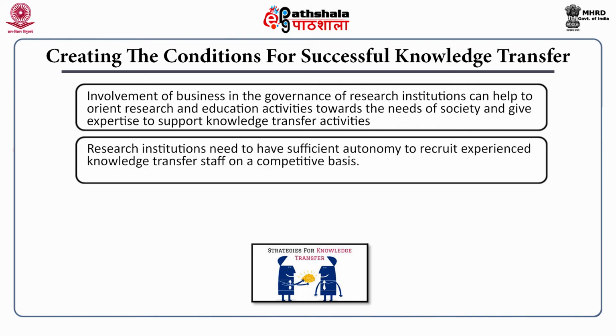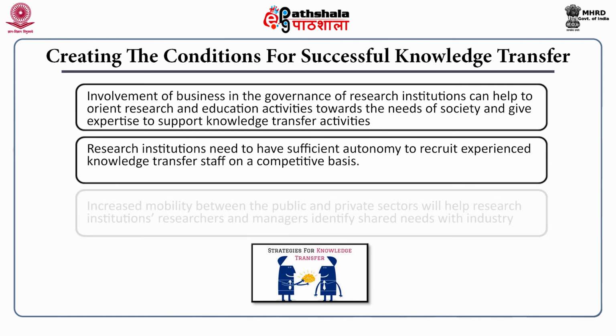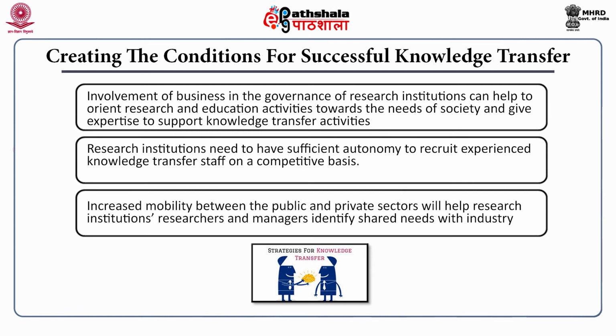Research institutions need to have sufficient autonomy to recruit experienced knowledge transfer staff on a competitive basis. Increased mobility between the public and private sectors will help research institutions, researchers and managers identify shared needs with industry.